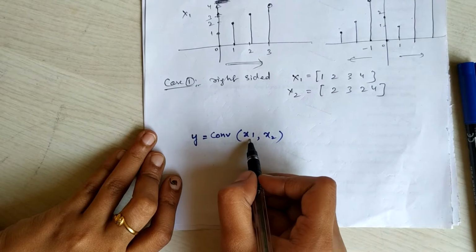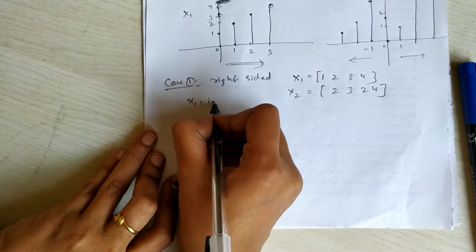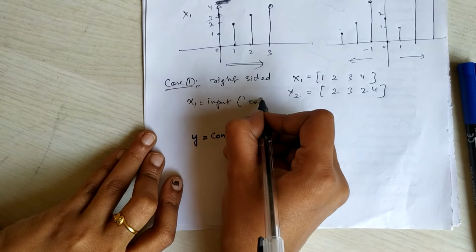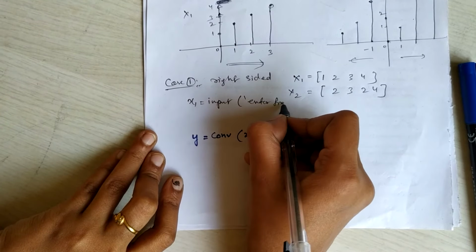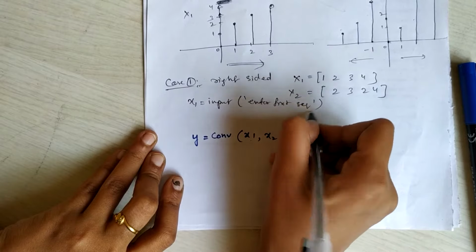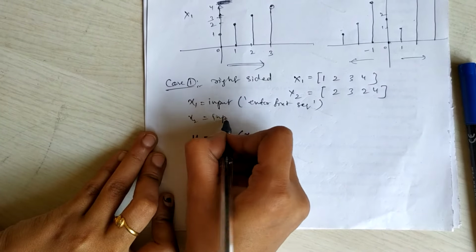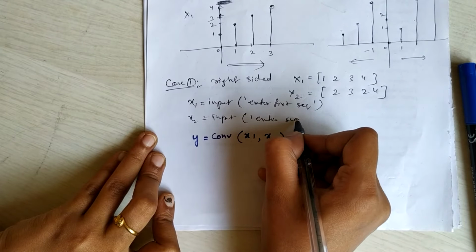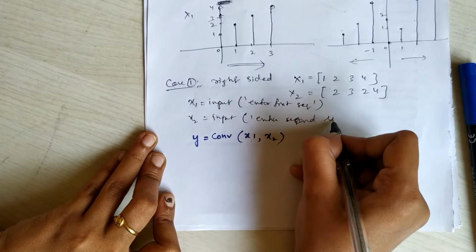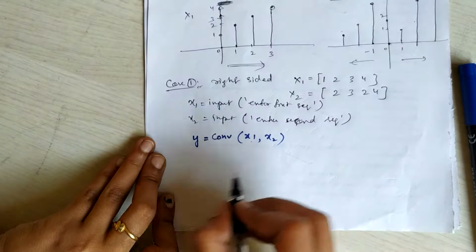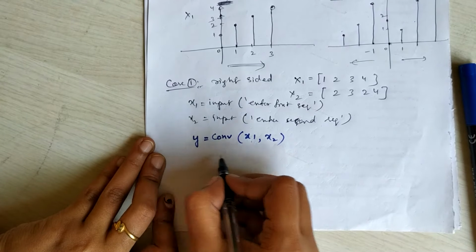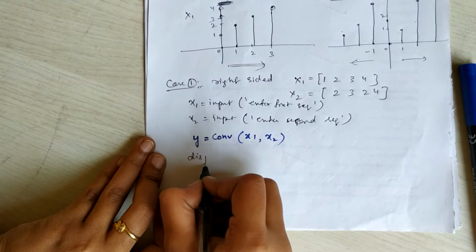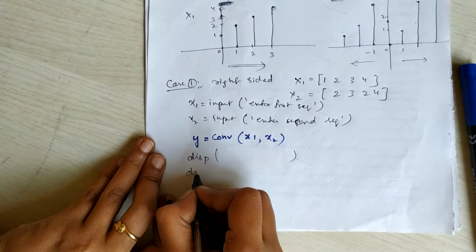So what is x1? x1 is the input, that is, enter the first sequence. Similarly x2 will be the input, enter the second sequence. So y is equal to this. Now we have to display it, using the key function disp.